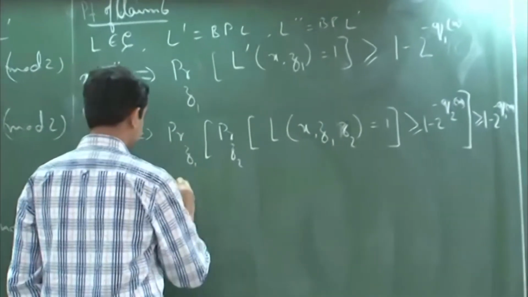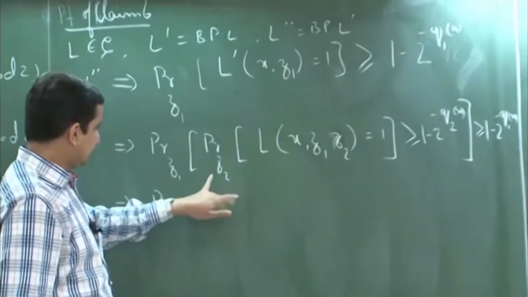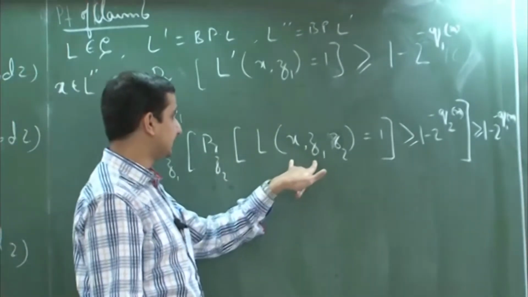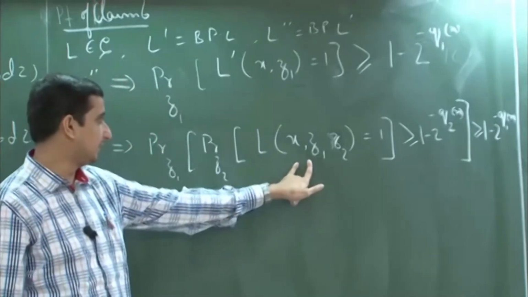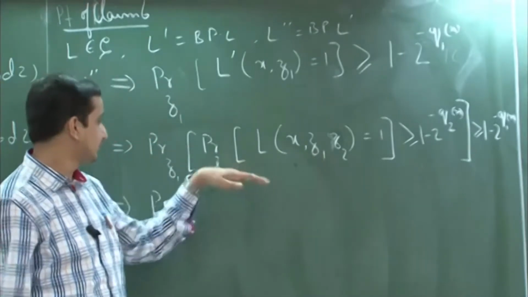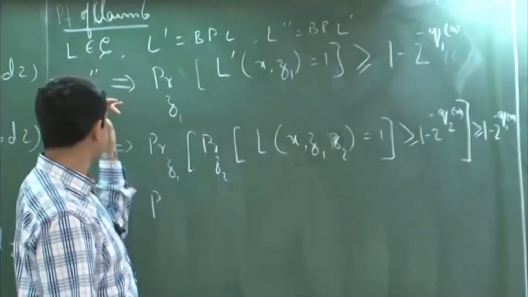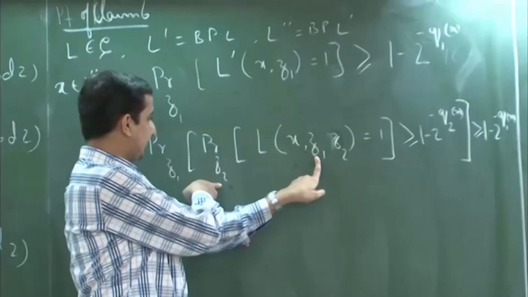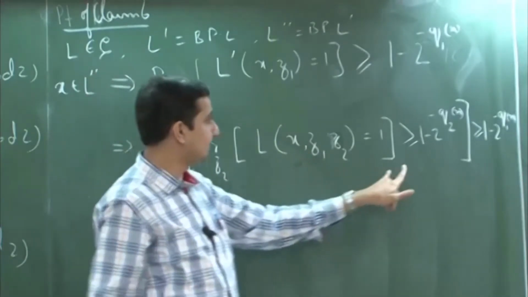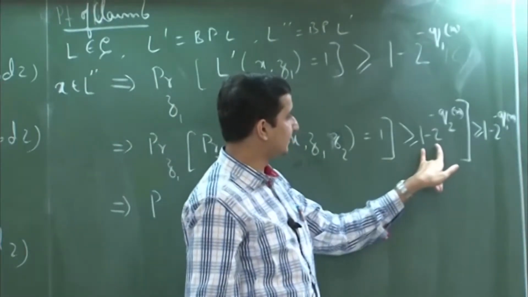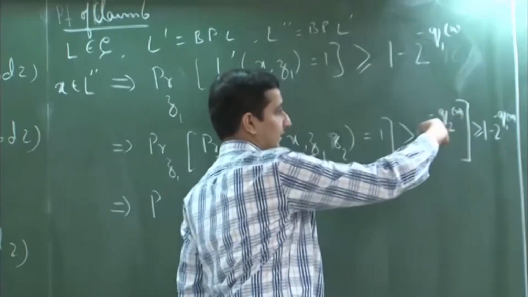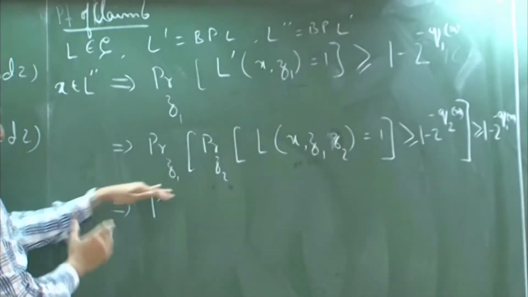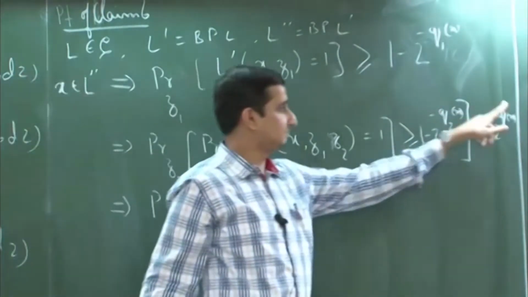Again by the same thing. Think of a string as a good string if it gives the correct answer for a given input. My x is already fixed. Suppose I fix a z1, the fraction of z2s that are good for x comma z1 is this many, and the fraction of z1s that are good for x is this many.